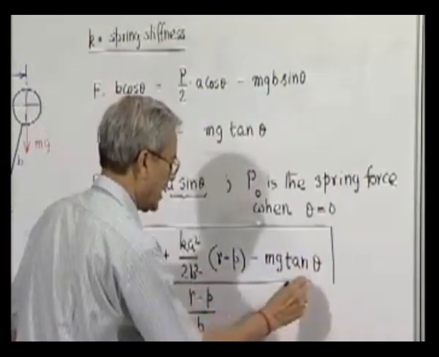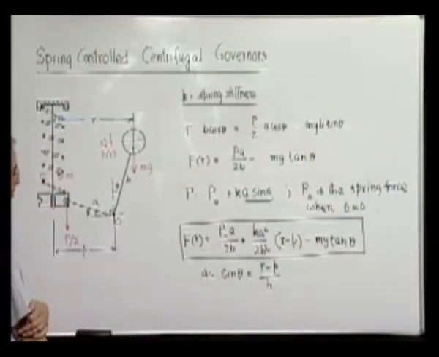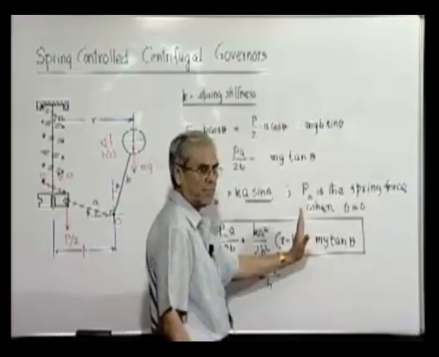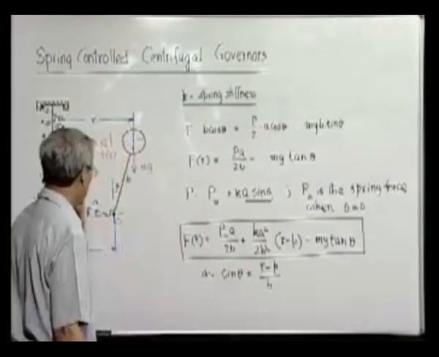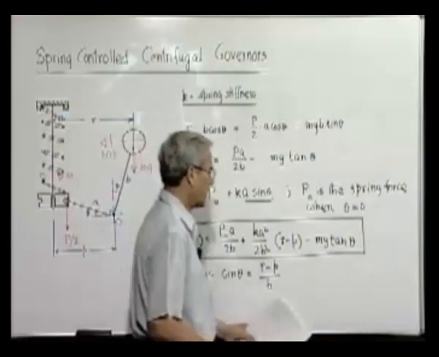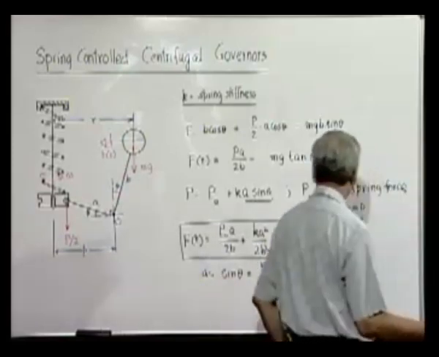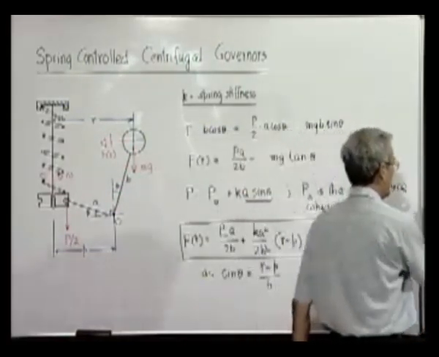Now if we want to plot, we will have certain problems. So far as up to this is concerned, it is fine. But the theta and r relationship is not that straightforward. So what we can do, let us do a first approximation in which we ignore the effect of this mass, then how the control force looks like.